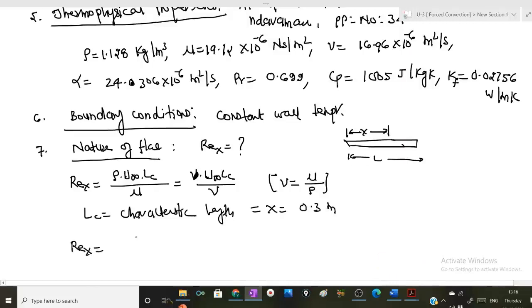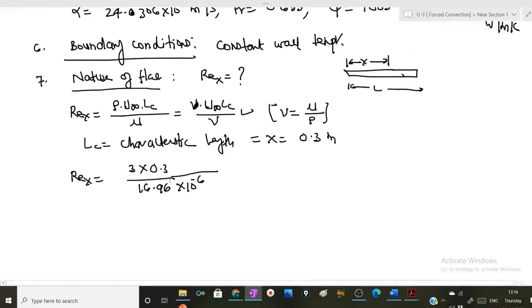The value of U infinity is 3, value of Lc is 0.3 and value of nu is 16.96 into 10 to power minus 6. And Reynolds number is a dimensionless number, it won't have any unit.